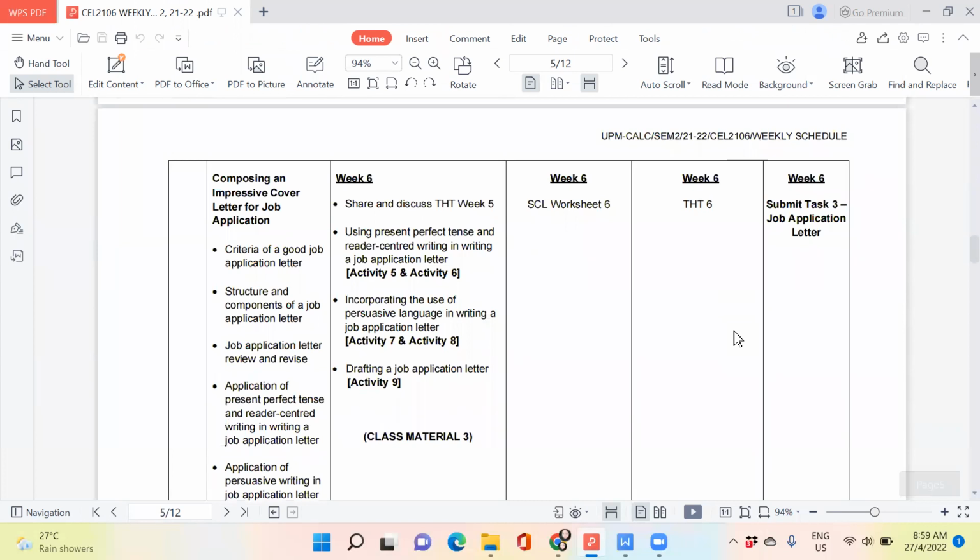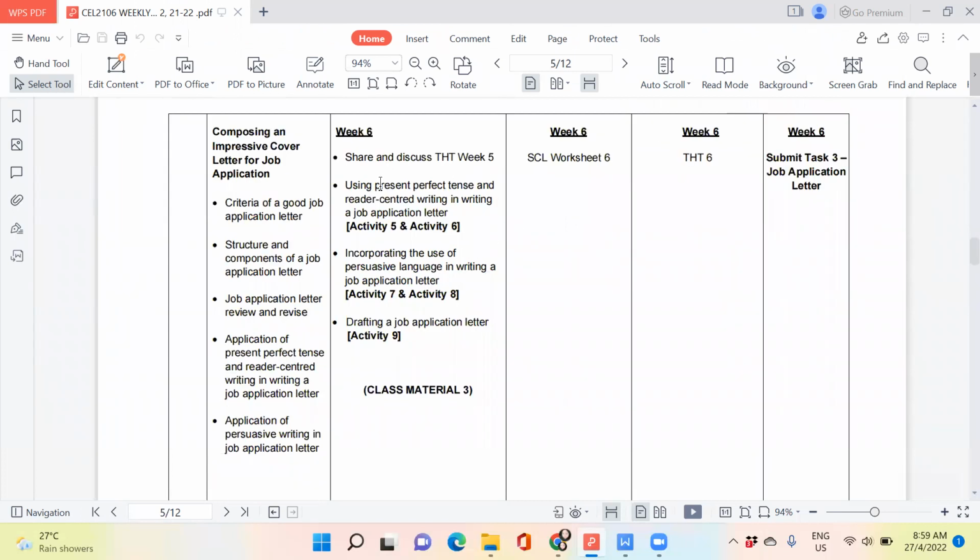Okay, let's go to here. So this week, we're gonna continue where we left off, still under job application letter. This week, we're gonna look at the writing techniques. First things first, we're gonna look at how to use present perfect tense and reader-centered writing in writing a job application letter. So what is present perfect tense and what is reader-centered writing? We're gonna learn about that.